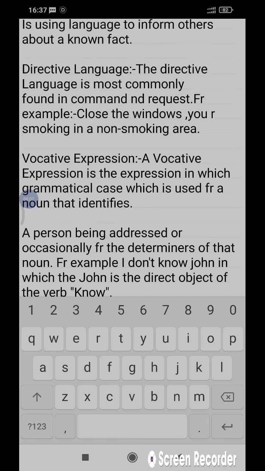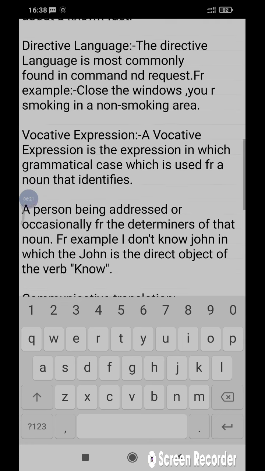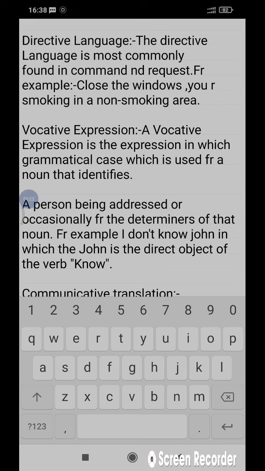Now the next one is vocative expressions. A vocative expression is the expression in which the grammatical case is used for a noun that identifies, for example, a person being addressed, or occasionally for the determiners of that noun.